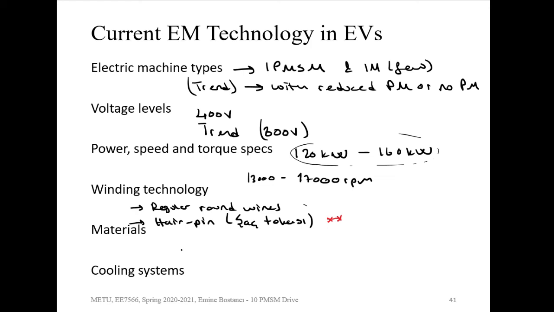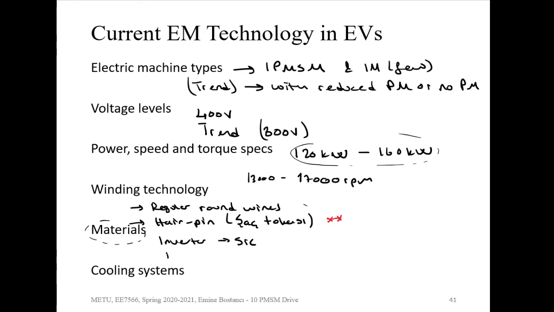Materials, we see that actually we want to use permanent magnets with no rare earth, or maybe we can use aluminum as the rotor conductors, but in the short time we don't expect any big change in the materials. Maybe in the inverter we can see the silicon carbide technology.